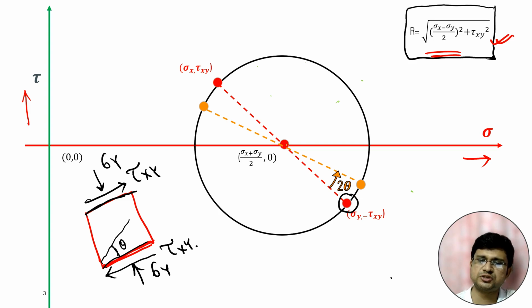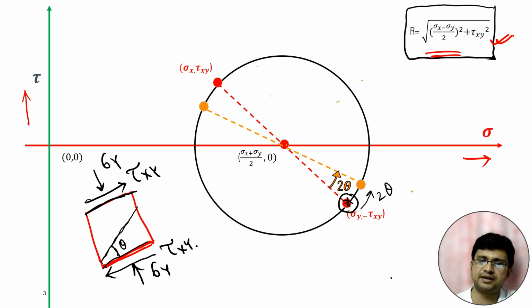With respect to this point, we have to move the point by an angle of 2 theta if we want to get the stress for a particular angle of theta. In real life the angle is theta, but in the Mohr circle it will be double, 2 theta. So if we want to calculate the stress for a plane at an angle of theta in the real life problem, then in the Mohr circle we have to rotate by 2 theta.